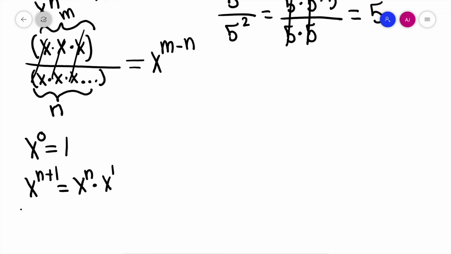You get x to the 0 plus 1 is equal to x to the 0 times x to the 1, right? And then x to the 0 plus 1 is just x to the 1, which is equal to x to the 0 times x to the 1.